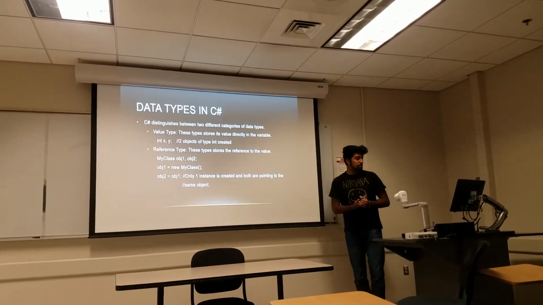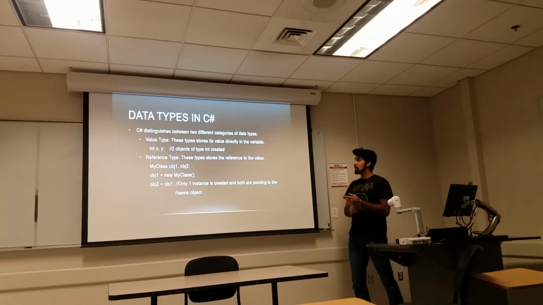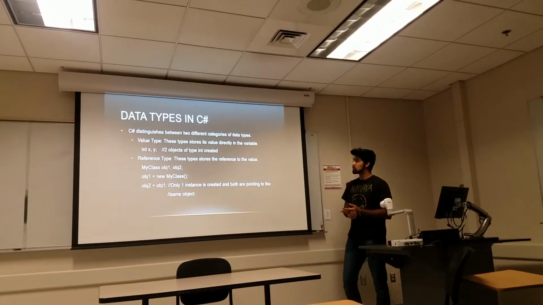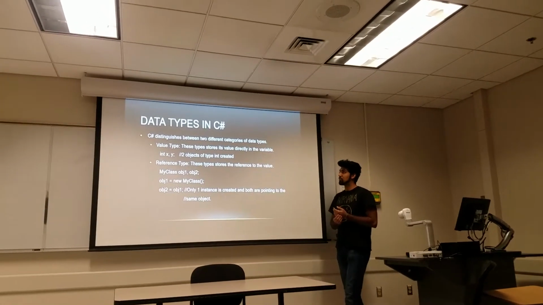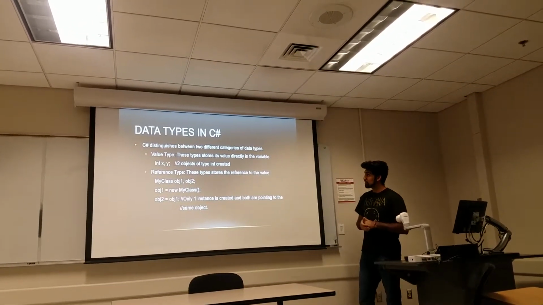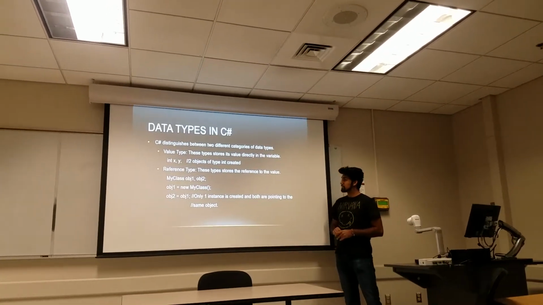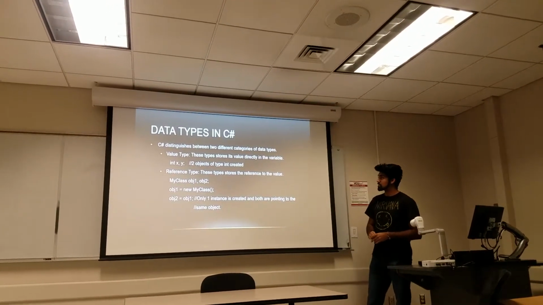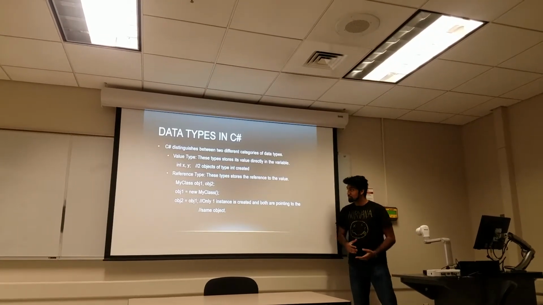So some of the data types in C#: it distinguishes between two different categories of data types. Number one is the value type. These are like the regular variables that you store, similar to Java, where they store the value directly into the variable. And as you can see in the example, there are two objects of type int created, x and y. Second one is reference types.